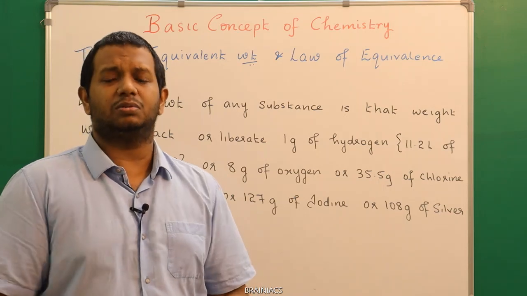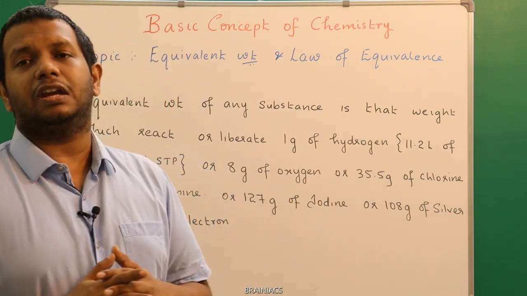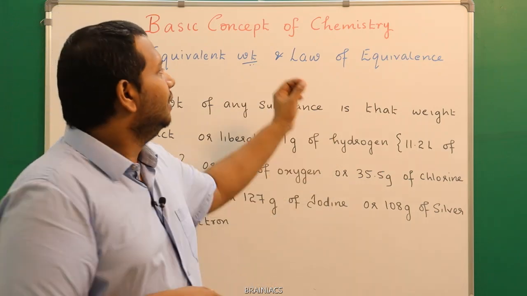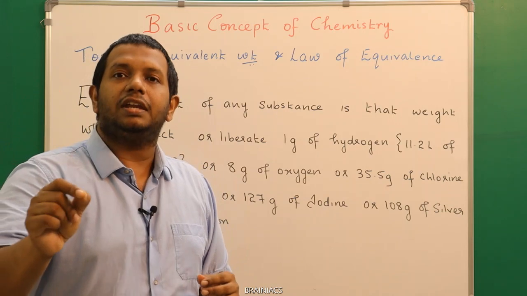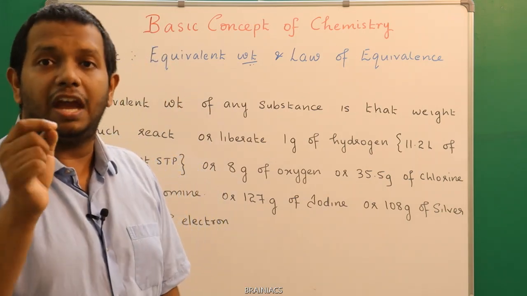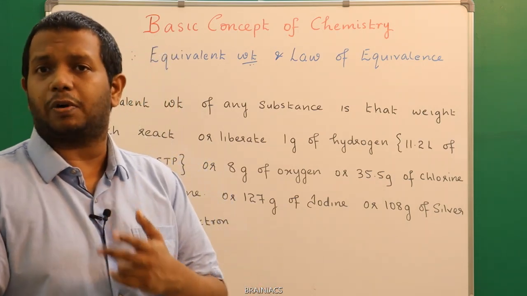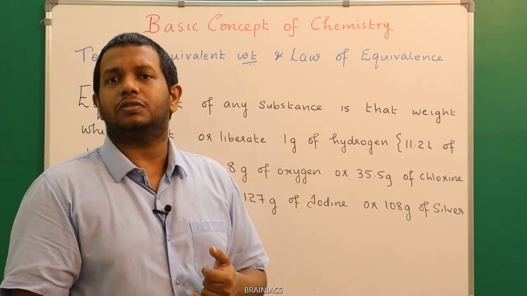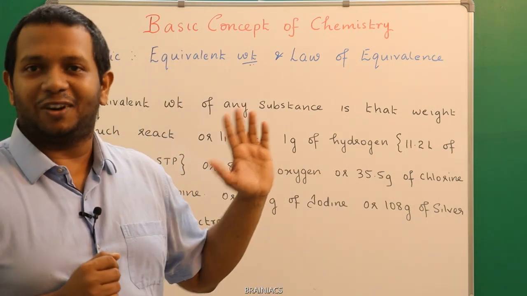I can say you don't even need to write the chemical equation itself. Using the law of equivalence, without writing an equation of reactants or products, you will be able to calculate the mass of products, or the number of moles of the products, or the number of molecules of the products, or whatever it may be. Now you feel wondered, right?